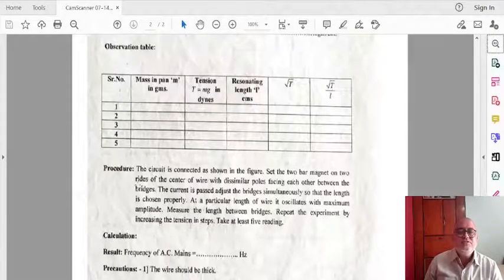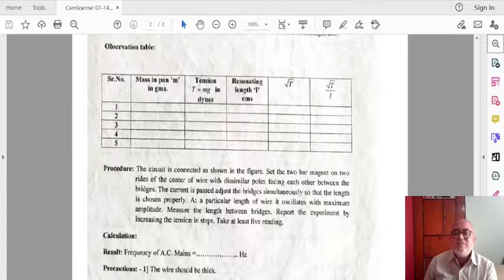Then what is the procedure? The circuit is connected as shown in the figure. Then set the 2 bar magnets on 2 riders at the center of the wire with dissimilar poles facing each other. Dissimilar poles means north and south.